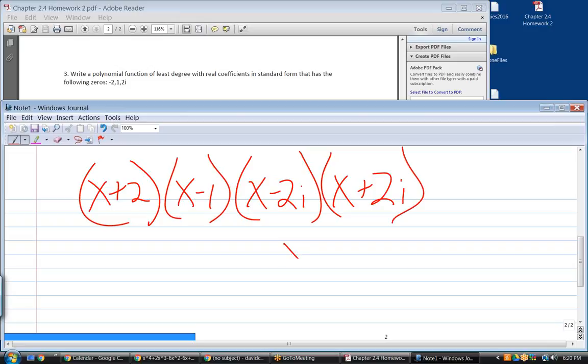Wait, hold up. Yeah, x squared minus 4i, which converts to, actually, x squared minus 4i squared. Then that would become a negative 1, so that would be x squared plus 4. And there's your irreducible quadratic.